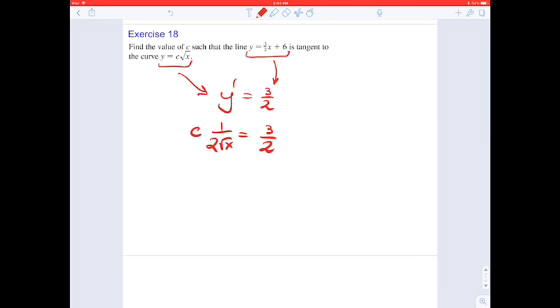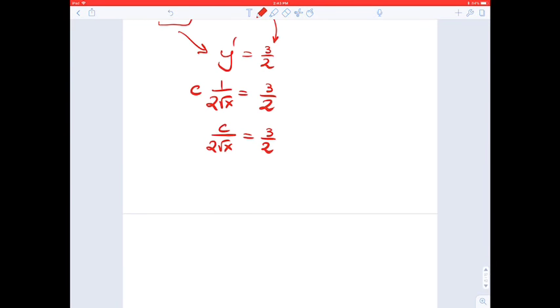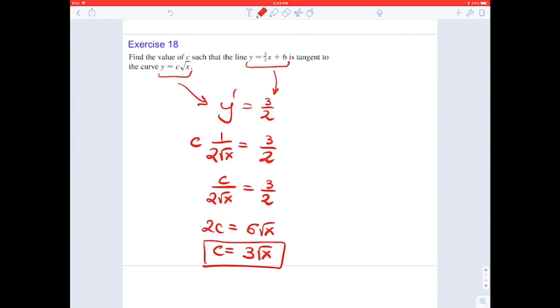First of all, what we can do, I can simplify this equation. Okay, let's solve. I can cross multiply: 2c equals 6 root x, c equals 3 root x. Okay, I do have a c value, but I don't know what my x value is.